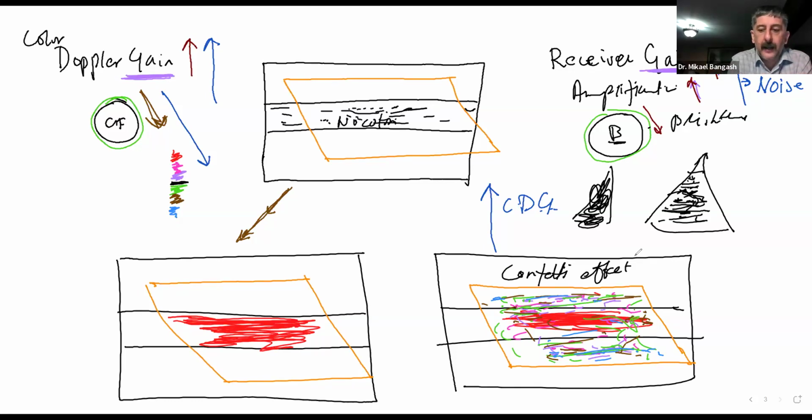Did you guys get that? Right. So out of these three pictures, A, B, and C, this one here was the optimal image.